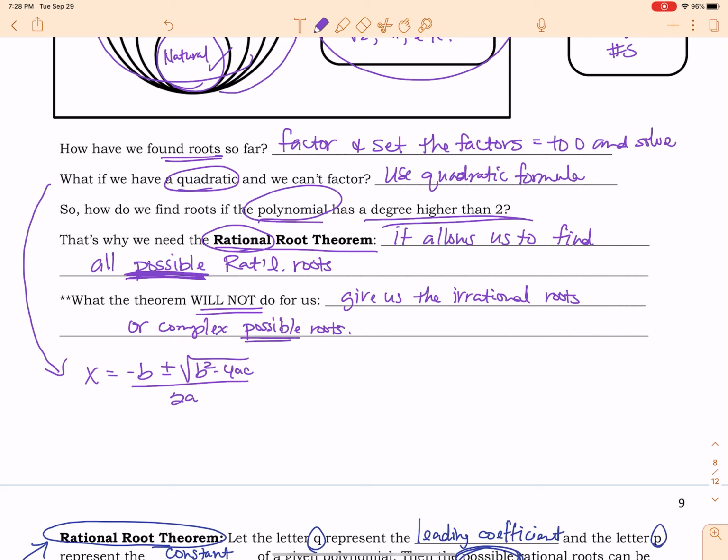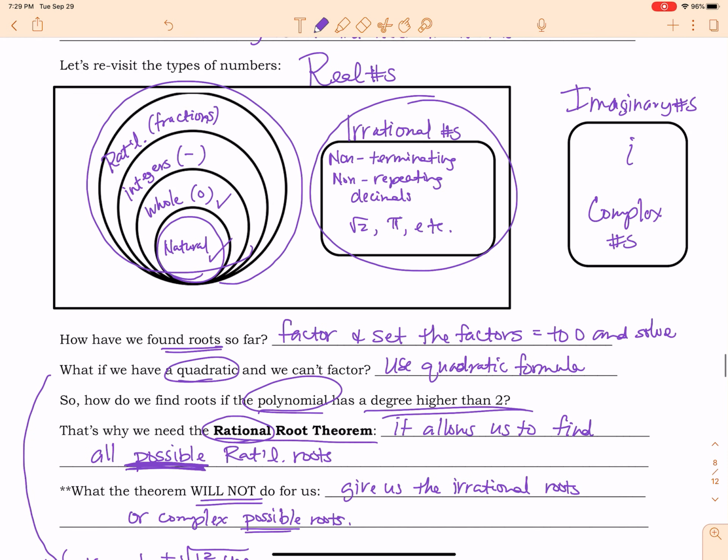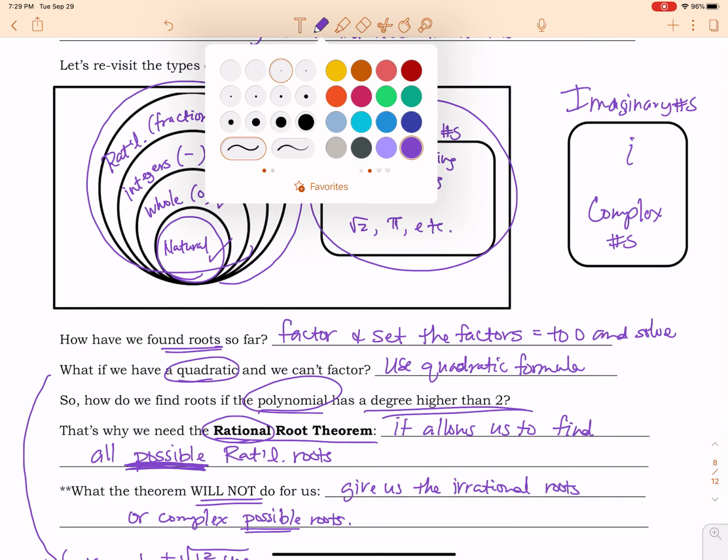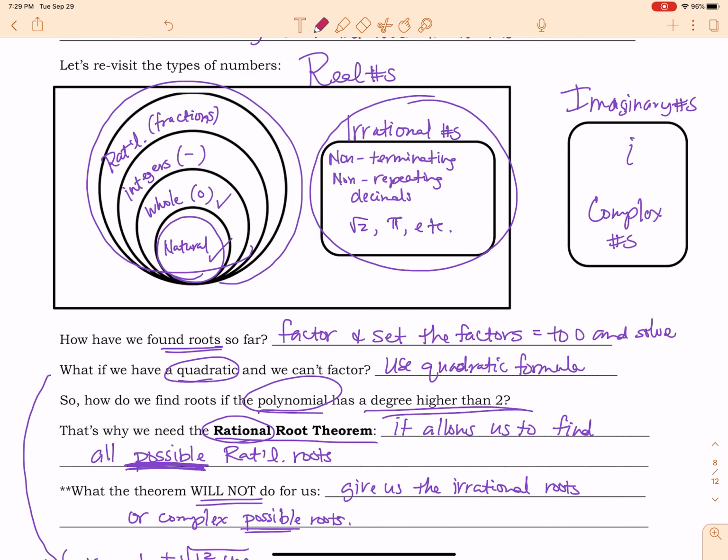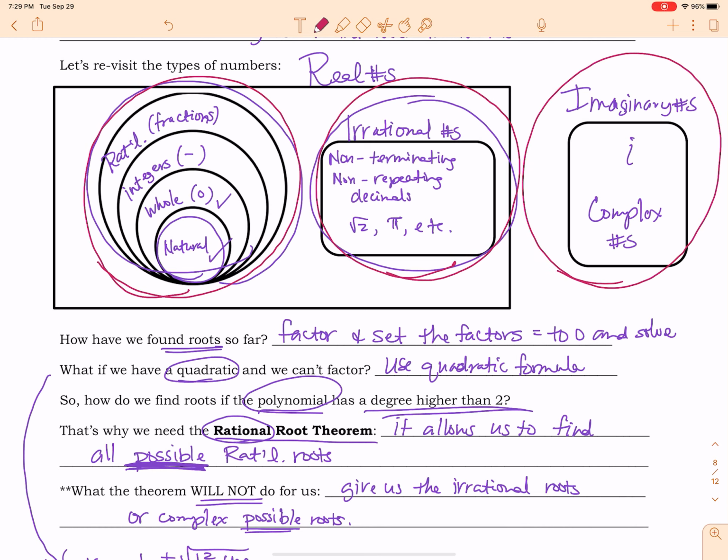So the reason we're talking about this is because in the later units or the later portions of Unit 2, we're going to learn how to solve a polynomial regardless of its degree and not using technology. So we need to understand that a polynomial can have all different kinds of solutions. It can have rational solutions, irrational solutions, or imaginary solutions.